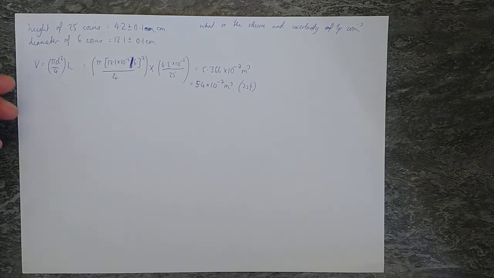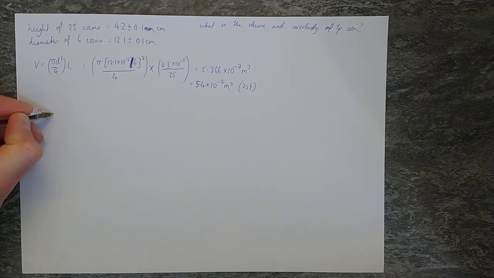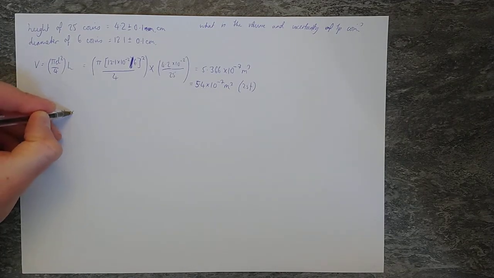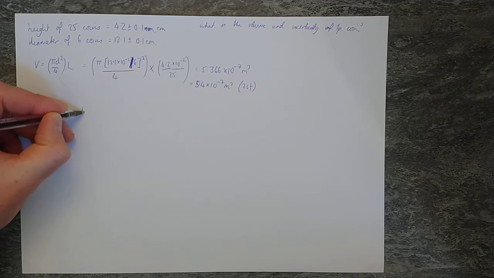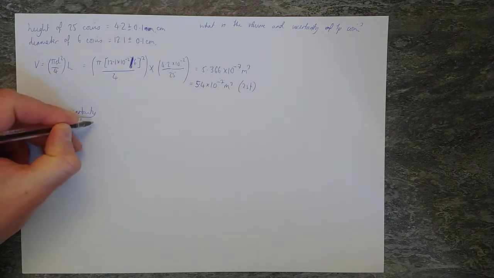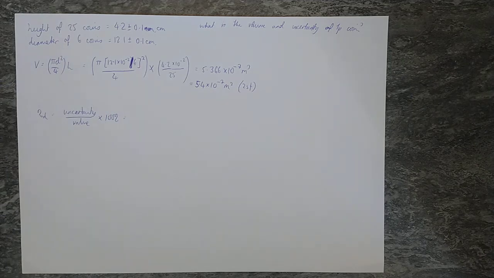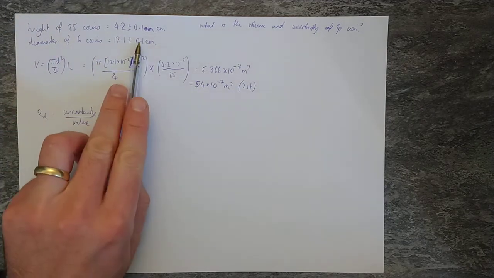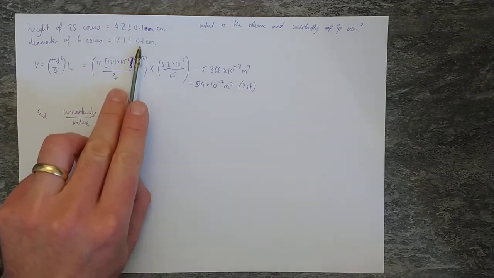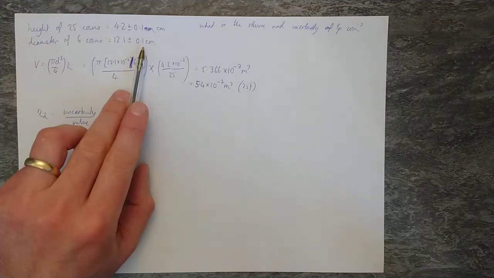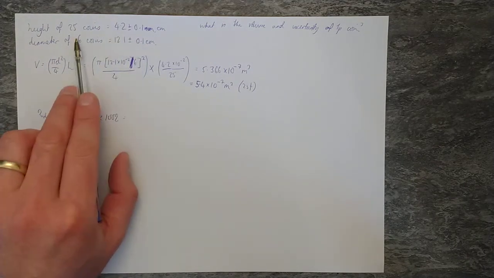We now need to work out the percentage uncertainty. So the percentage uncertainty in the diameter is the uncertainty divided by the value multiplied by 100%. So if I look at the diameter, the uncertainty in 6 coins is 1 millimeter. So that uncertainty is spread across all 6 coins.